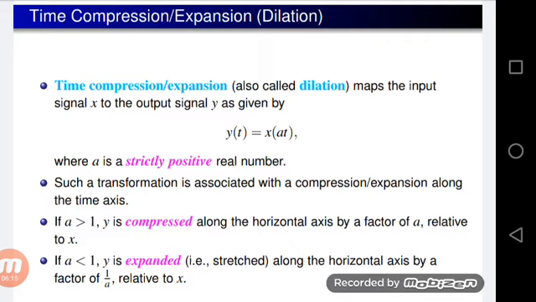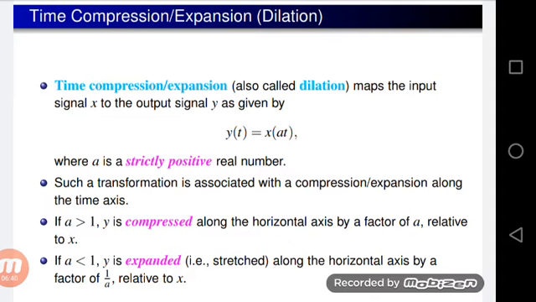In this also we are seeing two conditions: if a is greater than 1, and if a is less than 1. If a is greater than 1, the function y is compressed along the horizontal axis by a factor of a relative to x.